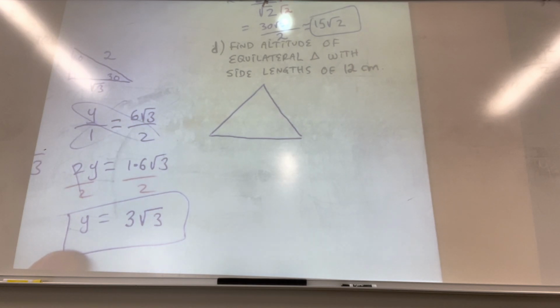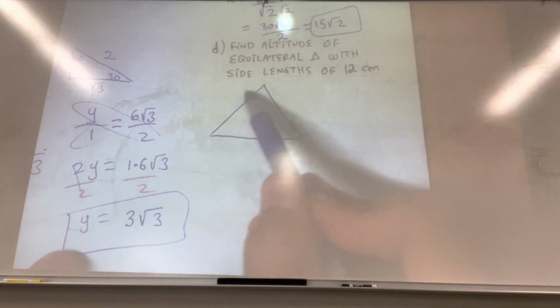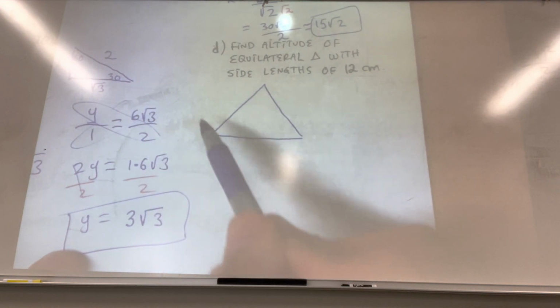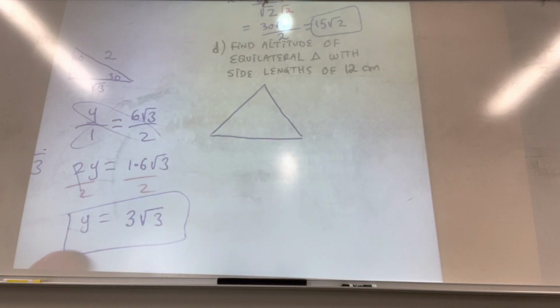Uh-oh. Talk it over with your partner, please. I heard different answers. What do we know about the angles? It's gonna be 60. We got it? Okay, coming back. 5, 4, 3. Brianna, what do we know about the angles?